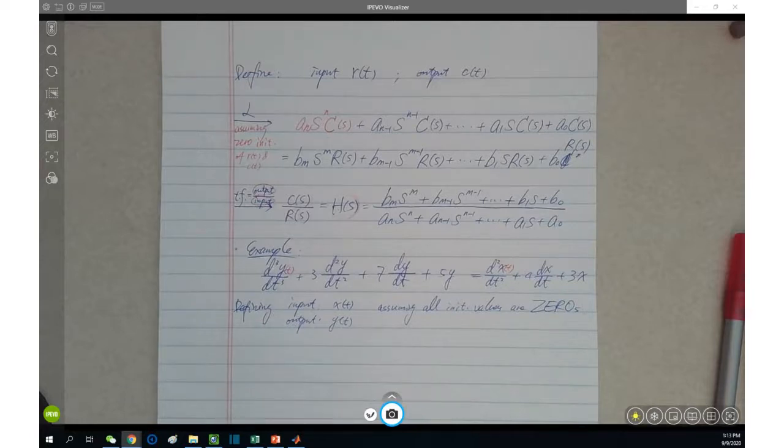Is there a reason? We just assume, because trust me, if we involve initial conditions, everything becomes much more complicated. As we are learning this at the beginning, we assume the easiest case, which is 0 initial conditions, which is obviously not necessary. We just assume.